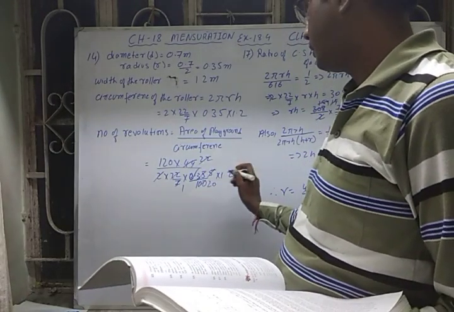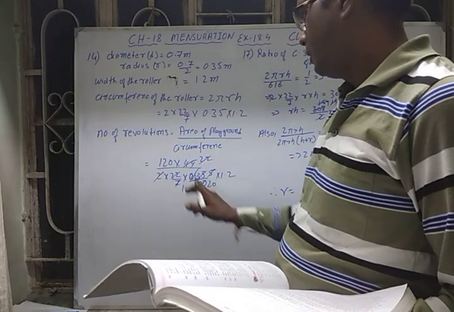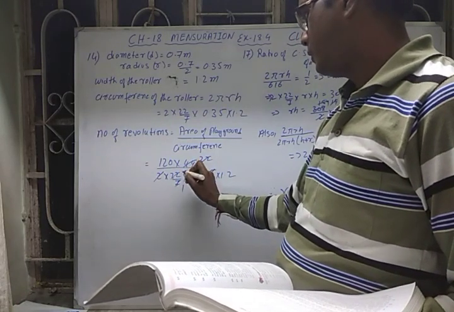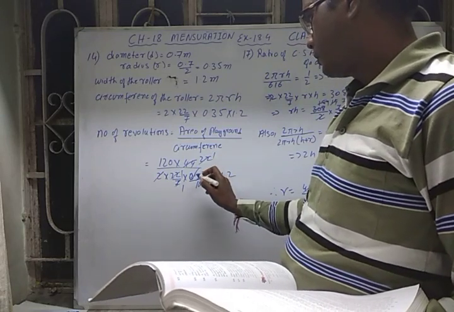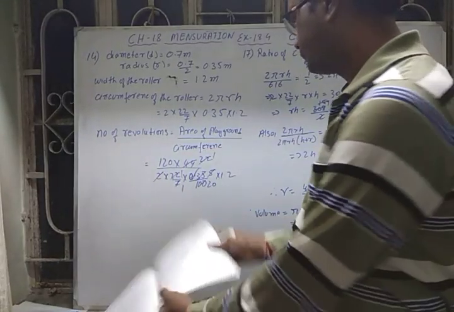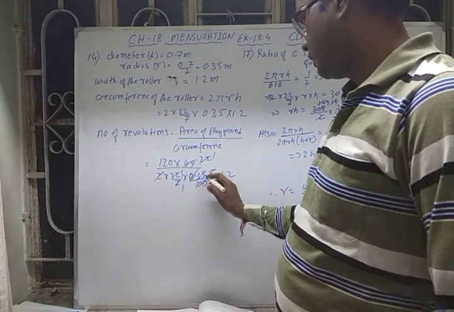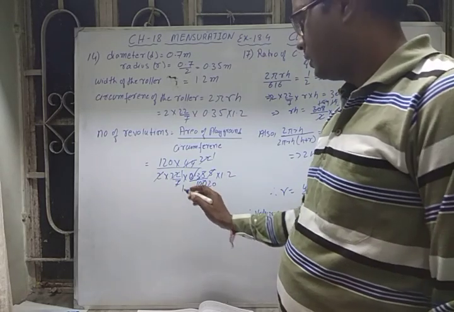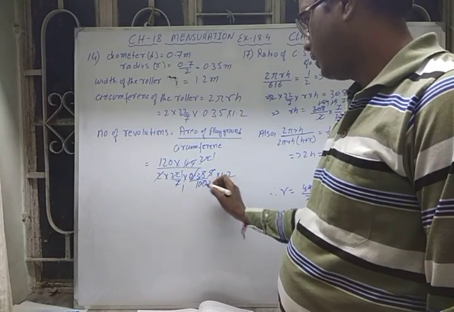So here you can take 2 22s are 44 and 22 ones are 22, again it cancels. Here is 0.35, that means we can take 100 in the denominator and eliminate the decimal. So 35 by 100 it will become. Then 7 ones are 7, 7 5s are 35 and 5 20s are 100.